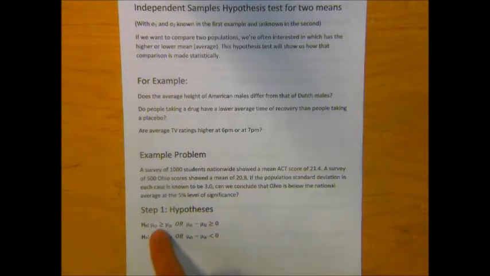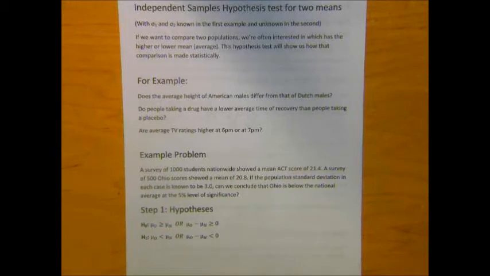Here I have two different means. I have the mean with a subscript O for Ohio and the mean with a subscript N for national. My researcher's hypothesis is that Ohio has a lower mean than the national mean. Thus, the null hypothesis is the opposite, that Ohio is just as good, if not better, than the national mean.